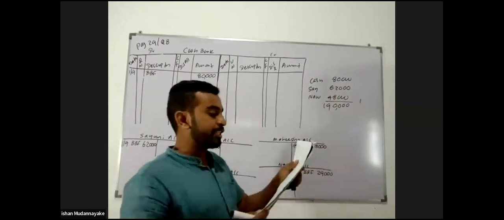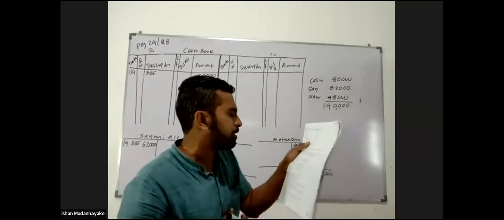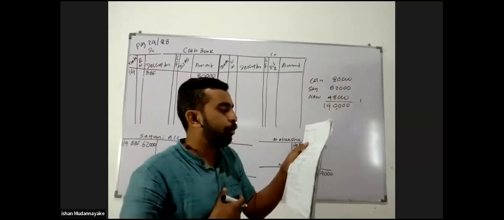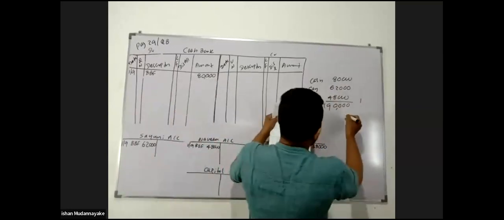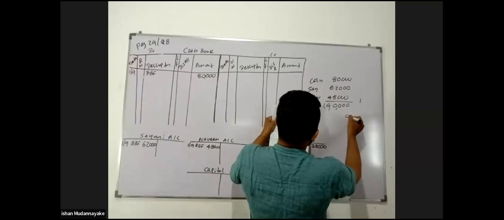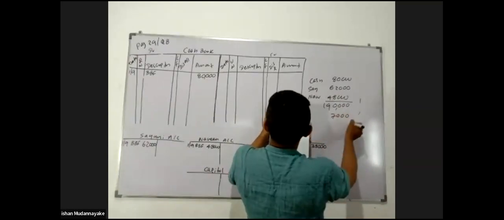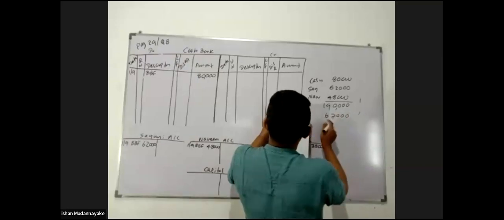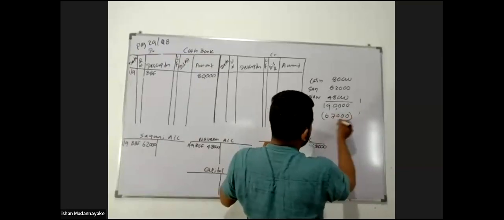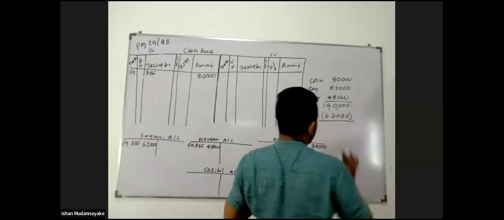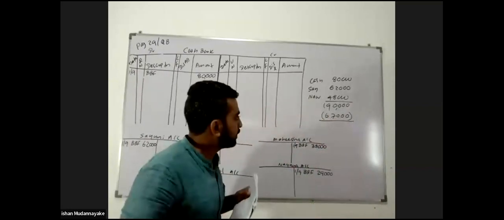Then opening assets minus opening liabilities. Here, students, Manisha and Nayana are the opening liabilities. Total amount how much? 67,000. Is it correct? Opening liability 67,000.